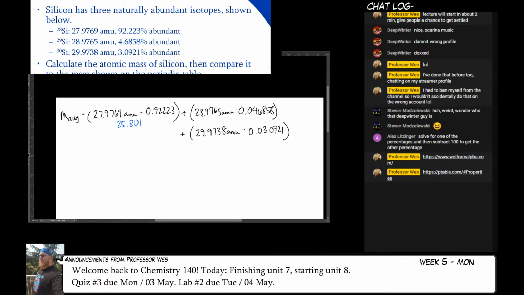The second one becomes 1.3578. And this third one becomes 0.92682. These are all AMU.